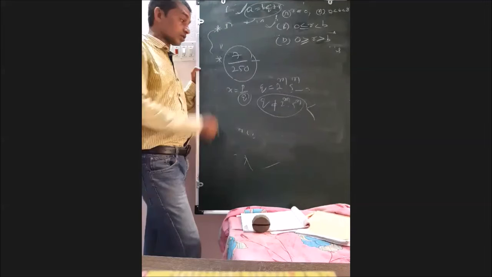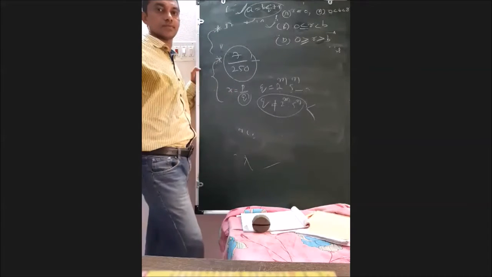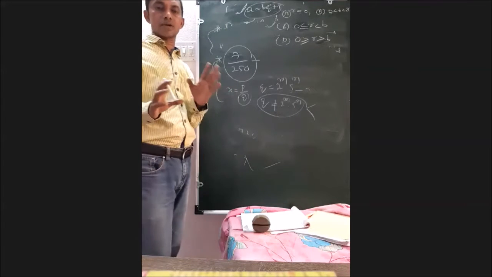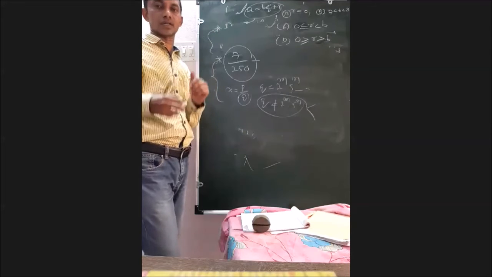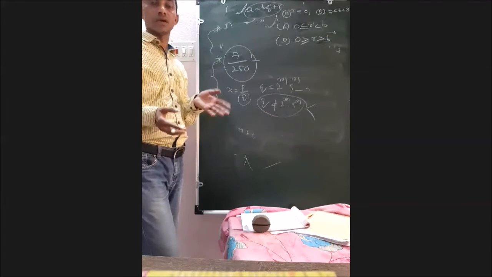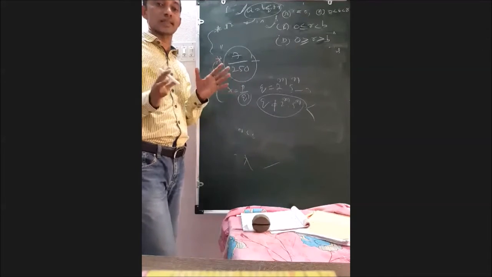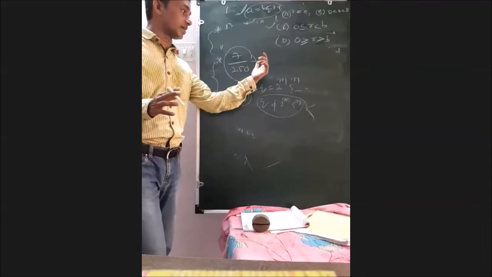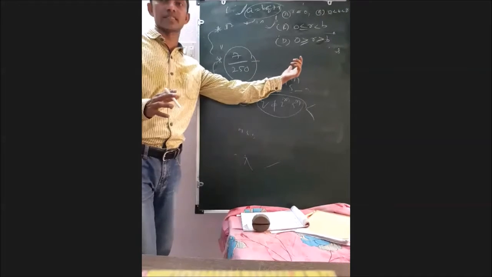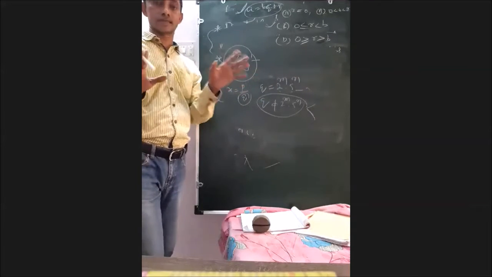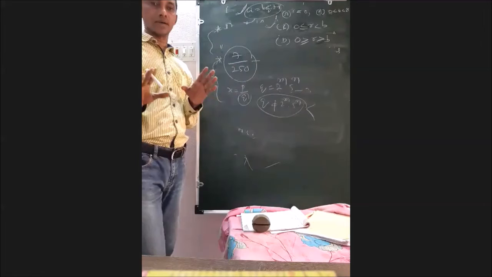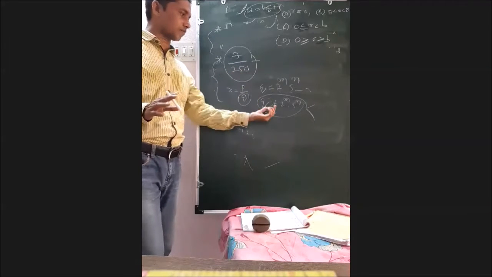Understand? So this is called a reasoning question. You don't worry about the tags, reasoning question or communication question. But if the question is like that, 7 by 250 is a terminating decimal, Akila said. Do you agree? Yes, I agree with Akila. Why? Because the denominator is in the form of something.